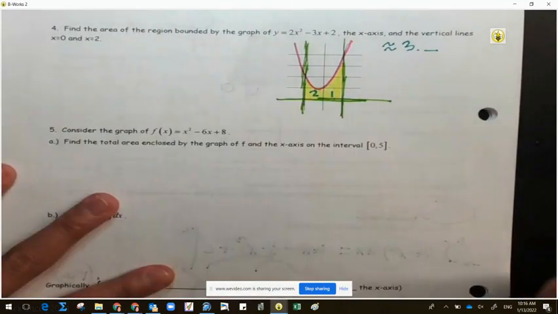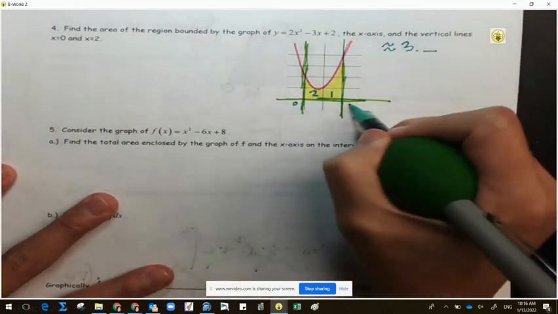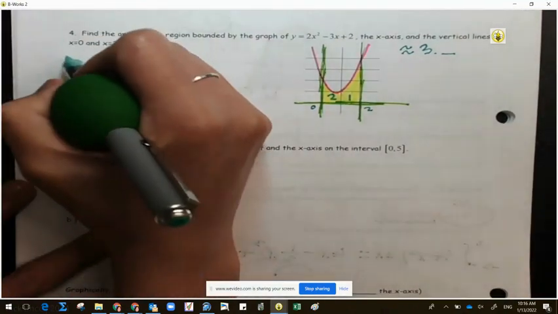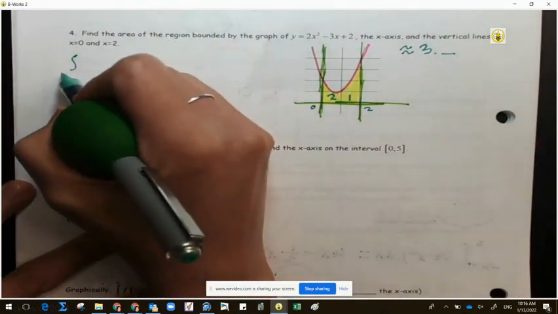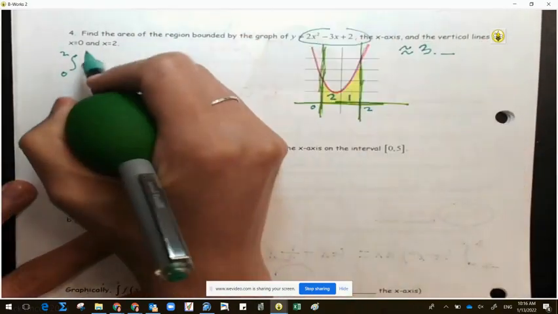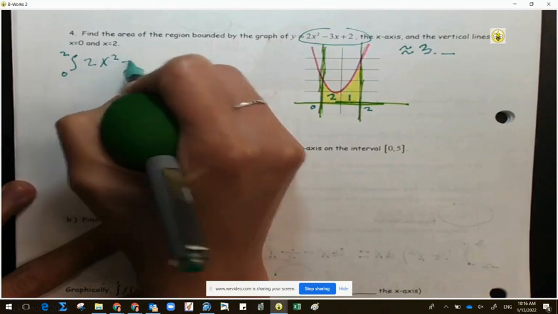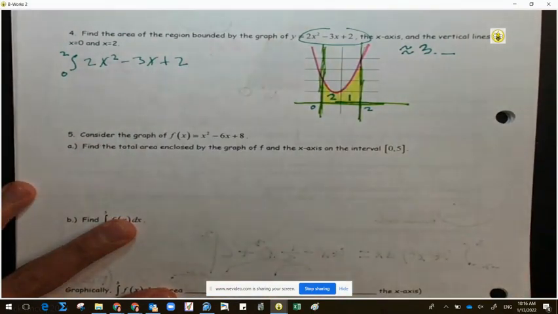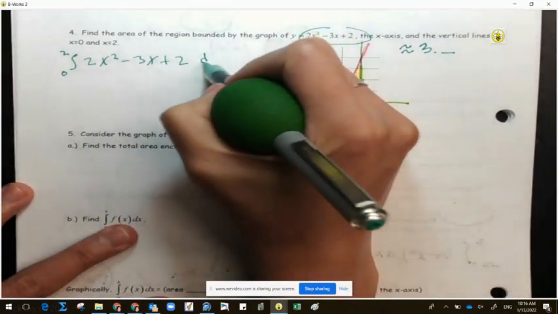So here we go. We know the lowest point is 0. Highest point is 2 on our domain. So let's write our definite integral. 0 to 2. The function given says 2x squared minus 3x plus 2. Oh, I forgot dx.